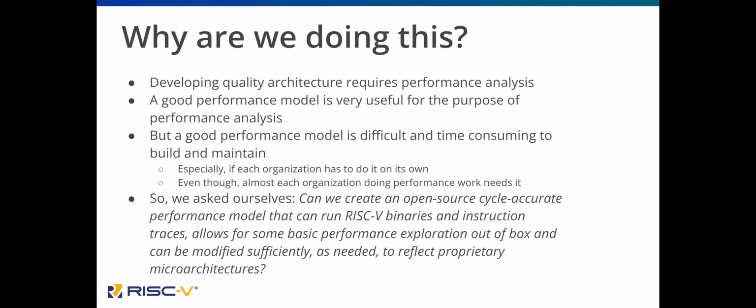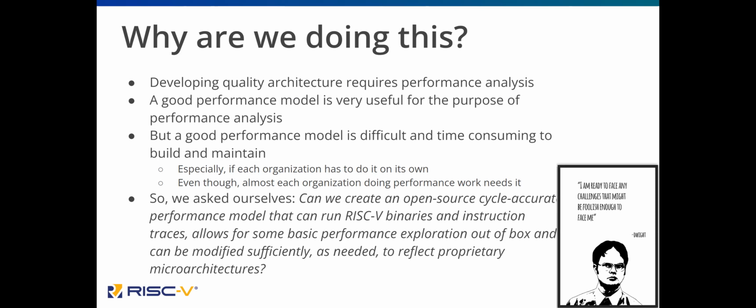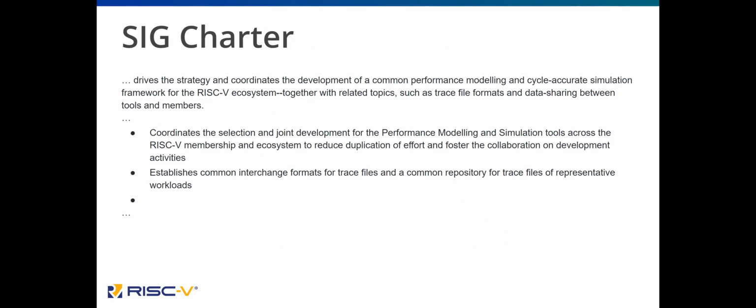So we asked ourselves: can we create an open source cycle accurate performance model that can run RISC-V binaries and instruction traces, something that allows for basic performance exploration out of the box, and can then be modified as needed by specific organizations to reflect their own custom architectures? So we set out to do that.